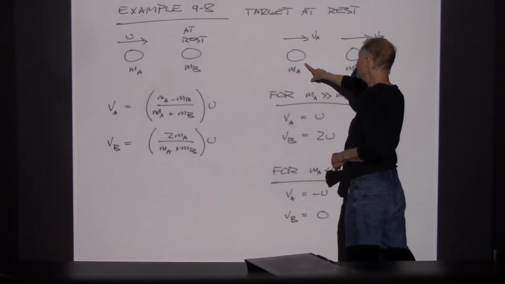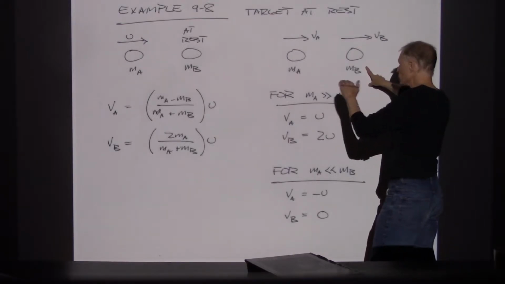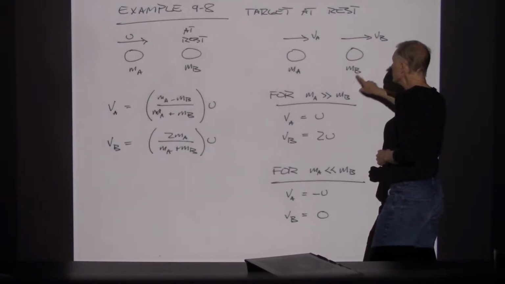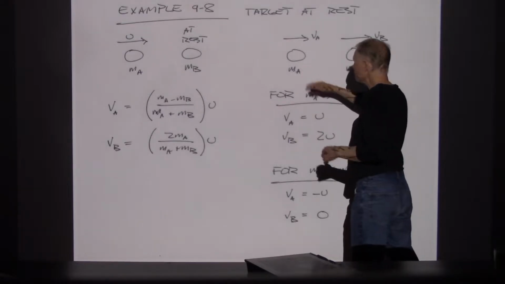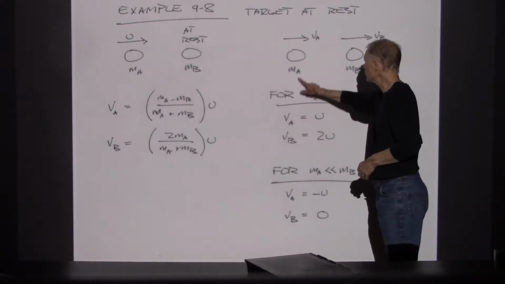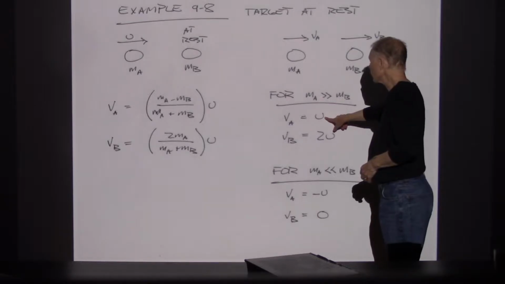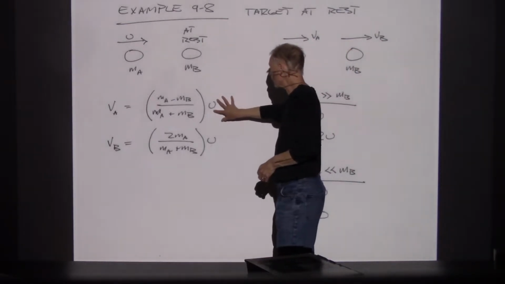If MA is really, really big compared with the mass of B, then object A hardly feels the effect. So to a good approximation, object A continues on with velocity u, and that's what this formula is telling us.